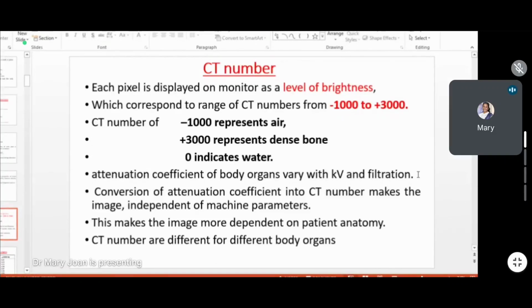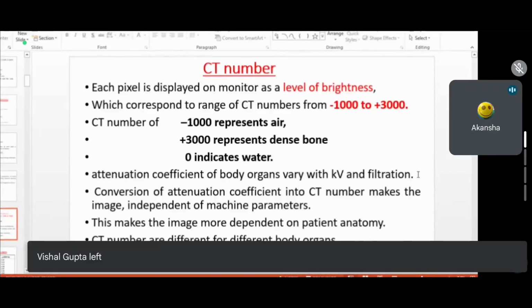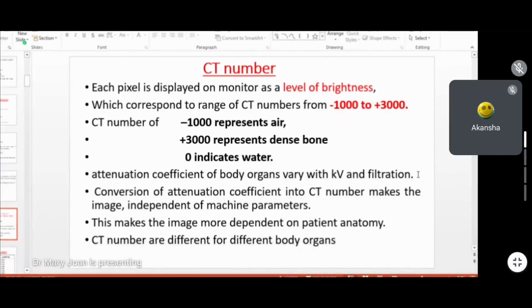So in what way will it affect the attenuation? Do the lower energy X-rays get attenuated more, or the higher energy X-rays? Low energy X-rays get attenuated more.